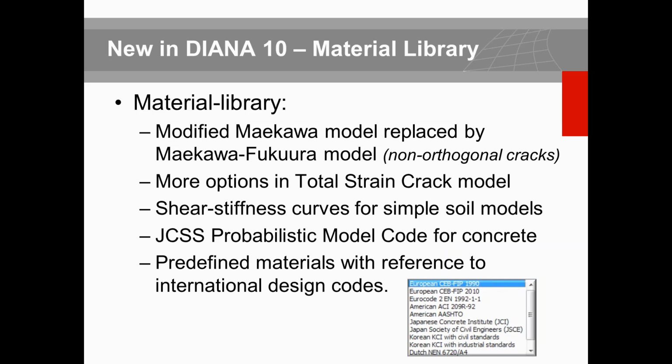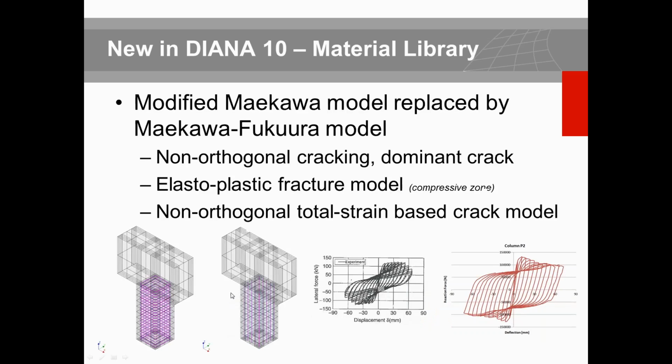And when you go for, for instance, creep and shrinkage or loading, the behavior changes randomly. This is the feature that enables you to depict that behavior in your model. And indeed, some material models based on the model codes have been implemented and are available in the new DIANA.